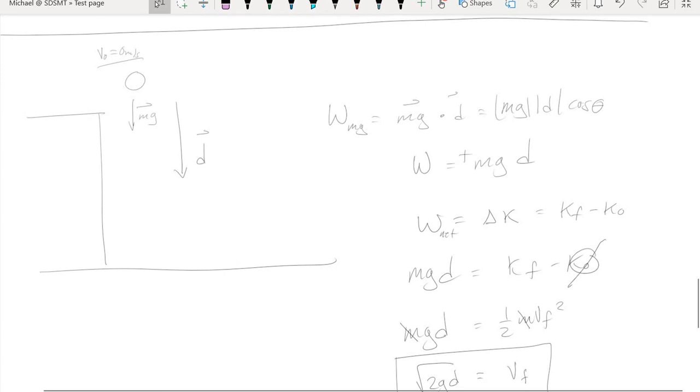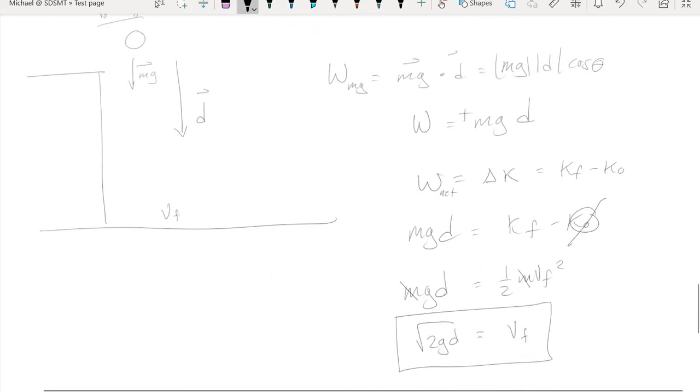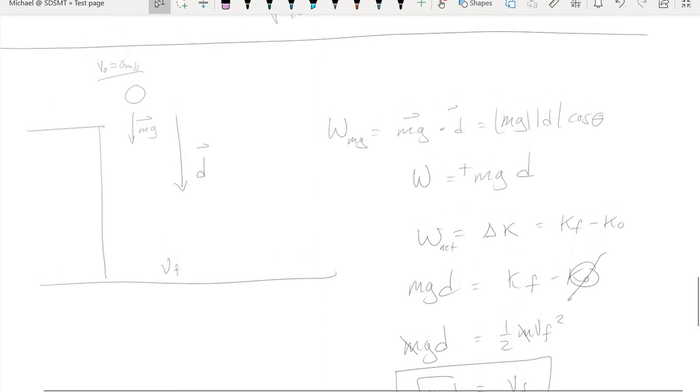If we think back to our days in Chapter 2 and Chapter 4, could we have solved for the final velocity using just kinematics? And the answer is yes. The reason why we're able to use kinematics is because the mass becomes irrelevant in this problem. It shouldn't matter if I have a small pebble or a rock or a boulder.